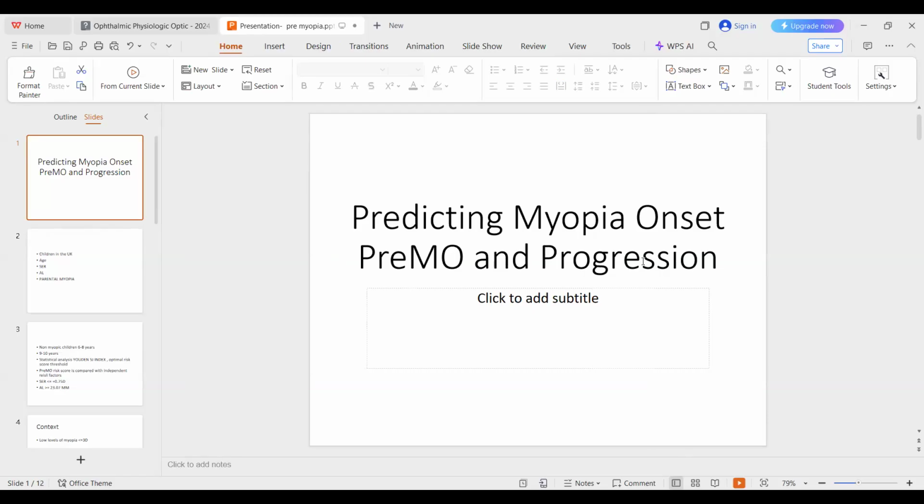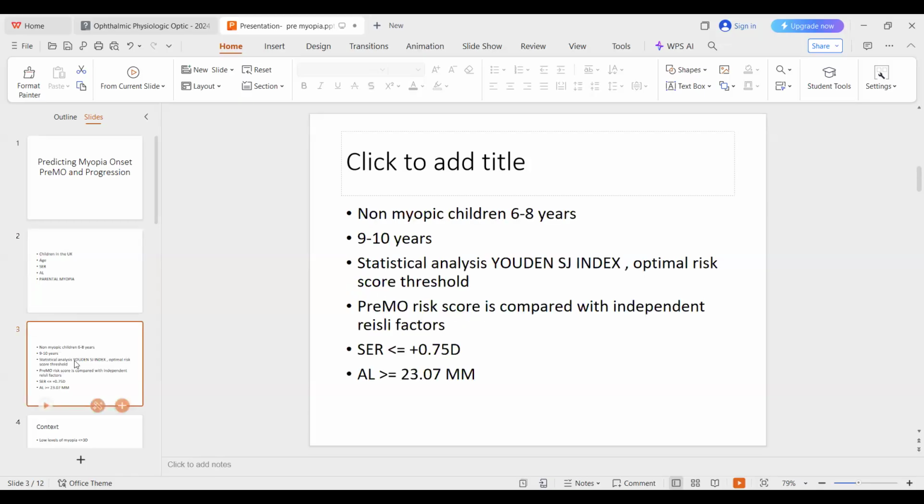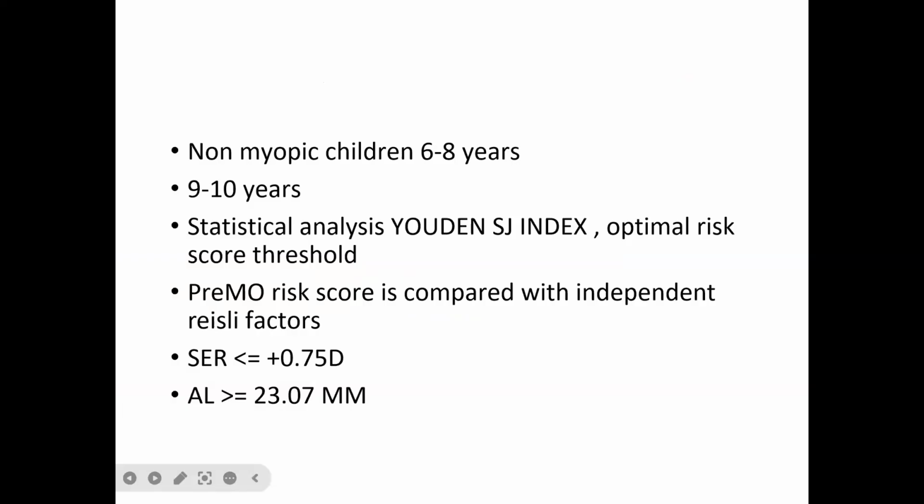So sorry for the delay for today's presentation. Basically, the paper shows the predicting factors for the myopia onset and progression. The particular study which we are seeing right now is done in children in the UK, and the predictive risk factors taken were age, spherical equivalent of refraction, axial length, and parental myopia. It was taken in non-myopic children in the age groups of 6 to 8 years and 9 to 10 years.